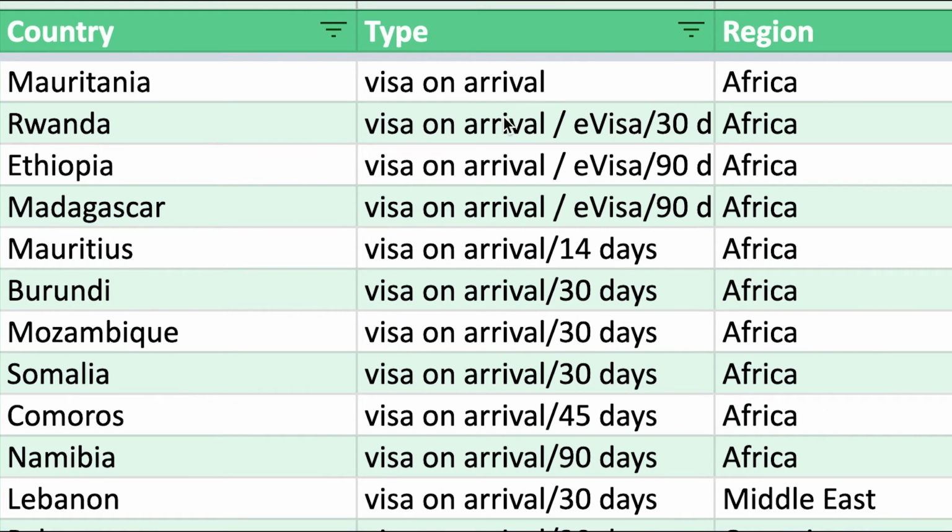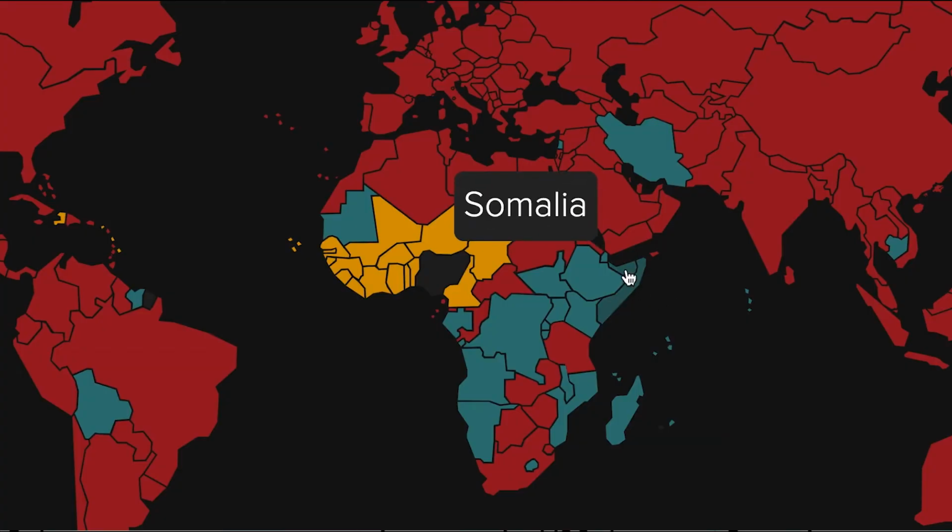Moving on to visa on arrival. These are countries that, if you hold a Nigerian passport, you can travel there, and when you arrive, you can get the visa on arrival. You have some of the East African countries, which simply means that getting a visa to these countries is not going to be that difficult for somebody holding a Nigerian passport.